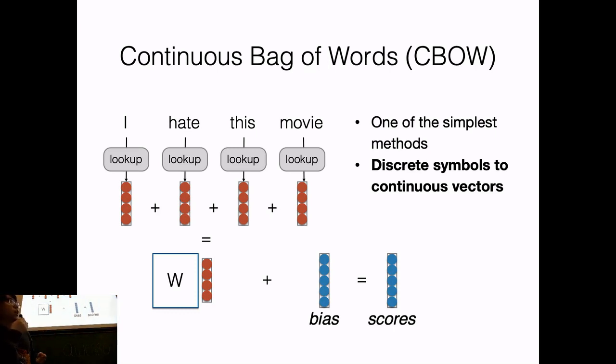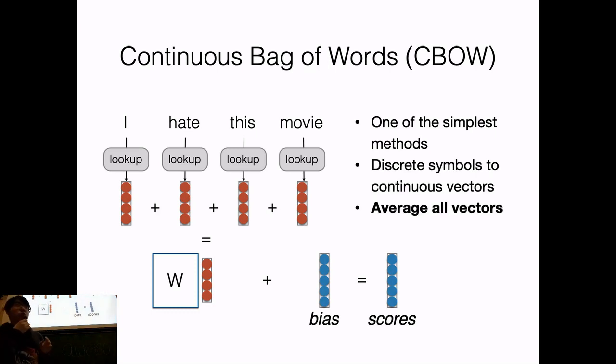With the lookup table, you can convert each discrete symbol to a distributed representation, and then you can average all the vectors. Finally you will get a sentence-level vector, and this vector could be used to represent the sentence-level semantics, and you can use the vector to do anything you want, such as sentiment classification.